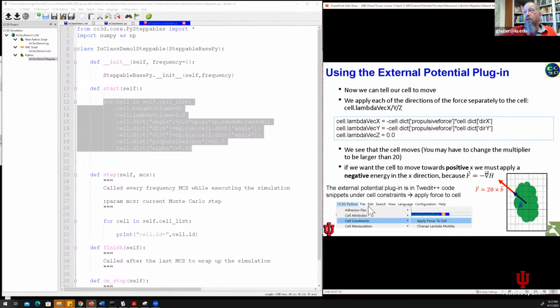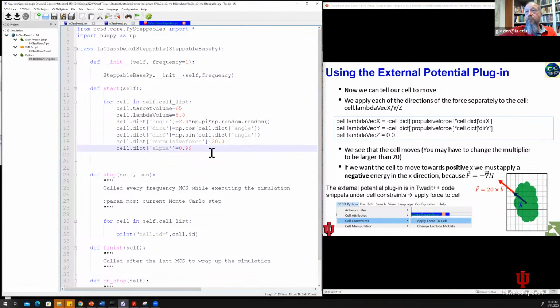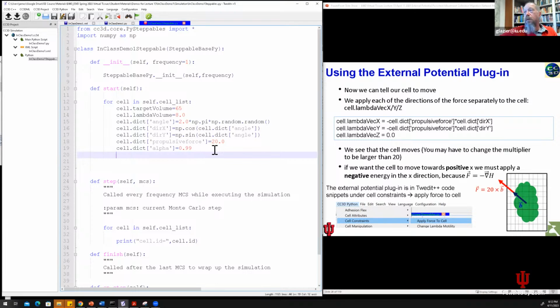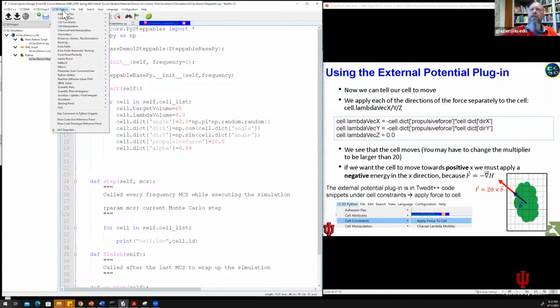And so the next thing that we have to do is apply the force to the cell. And if I don't remember how to do that, we go to cell constraints, apply force to cell.